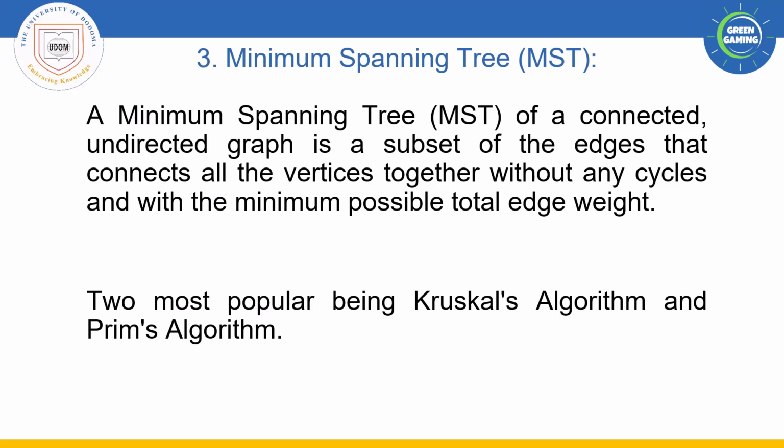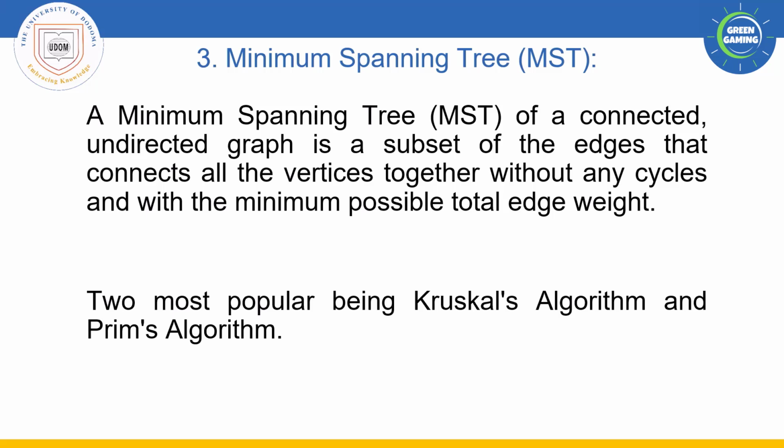The one with the minimum possible edge weight is what we are after, right? So a minimum spanning tree is a subset of edges that connects all vertices together without any cycle and with the minimum possible total edge weight. That's the output. We need to find the minimum possible total edge weight.